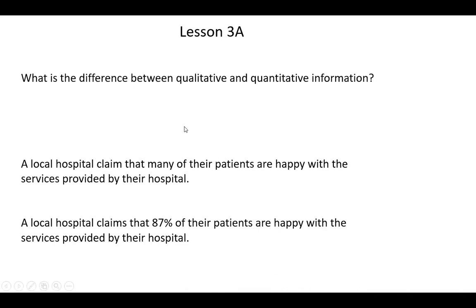Okay, this lesson's really going to be about lesson 3C and 3D, but there is one idea we're going to touch on from lesson 3A, and that's the idea of qualitative and quantitative information. Qualitative information is descriptive of non-numerical qualities.